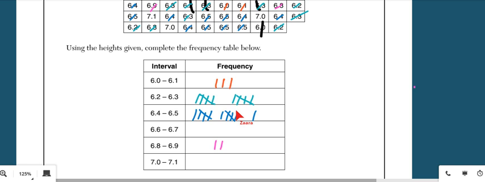And then the remaining ones are 7.0 to 7.1, and there are three numbers in this range. Okay, so that's how we completed the frequency table. Is it clear?